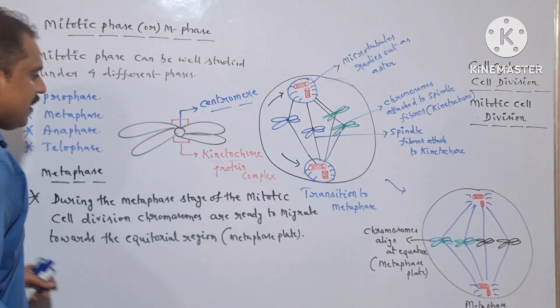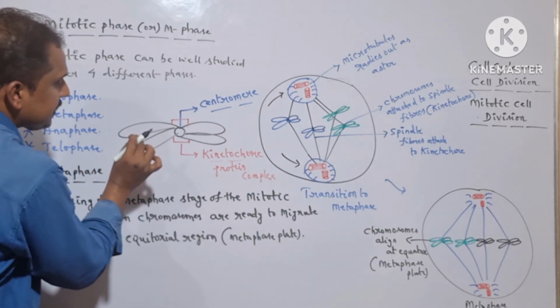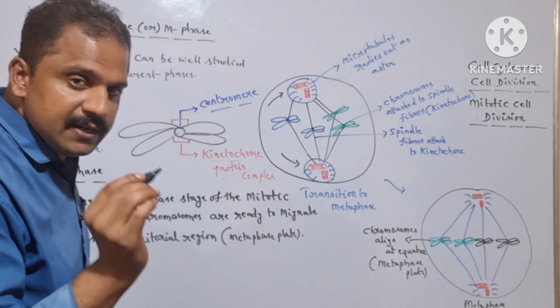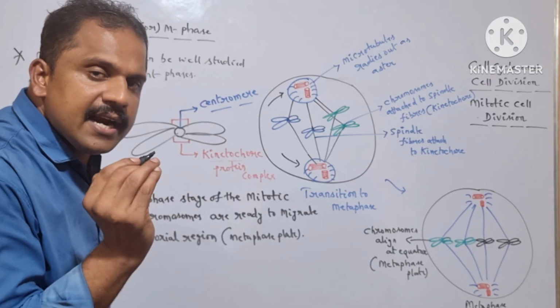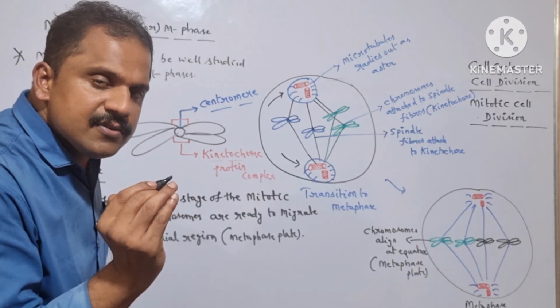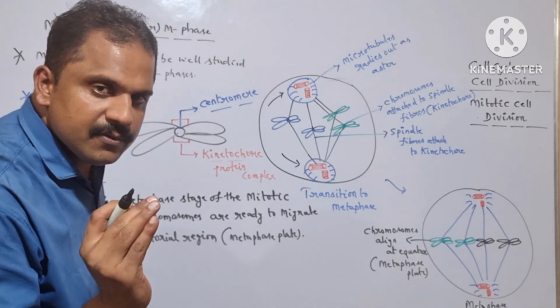So as we all know, one specific chromosome has two sister chromatids. One of the sister chromatids in association with the centromere successfully exposes to one spindle pole, and the other sister chromatid in association with the centromere successfully exposes towards the opposite spindle pole. Is it clear?